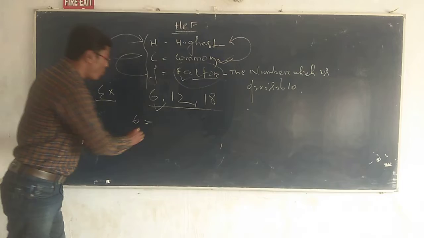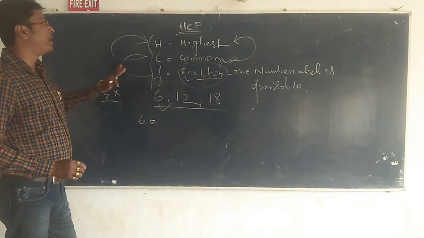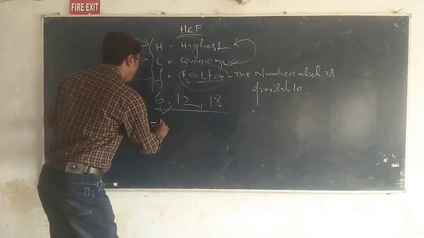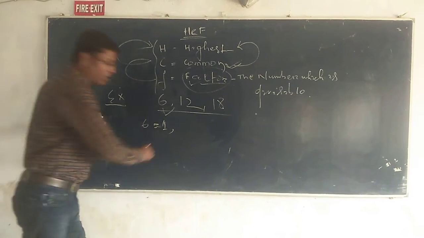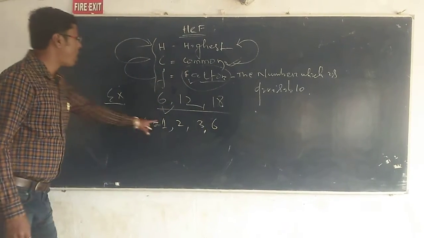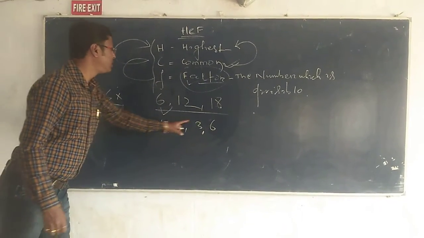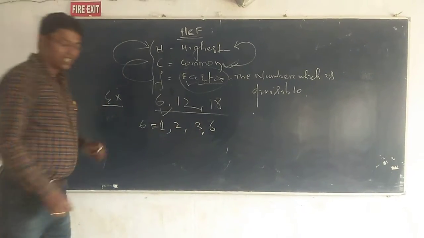The factors of 6: as we know, 1 is the smallest factor of every number, so always take 1. Then 2, 3, 6. So the factors of 6 are 1, 2, 3, 6.